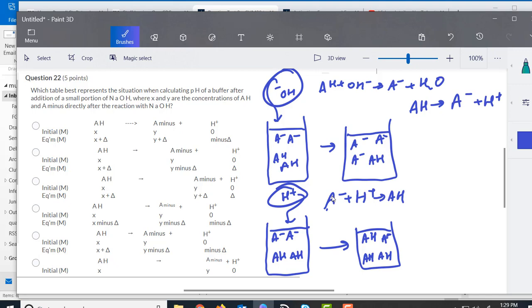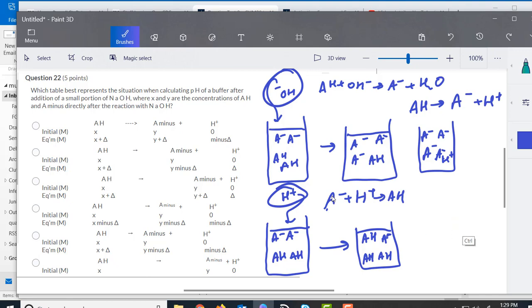So the AH that's left here can separate into A minus and H plus, and you'll notice that the A minus goes up and the H plus goes up, but the AH goes down.